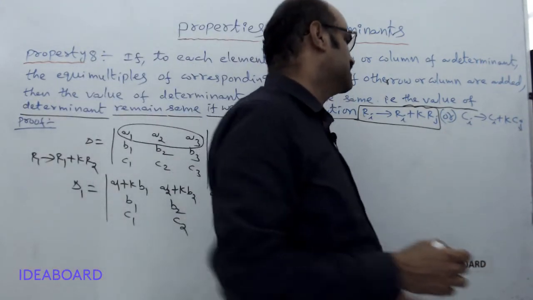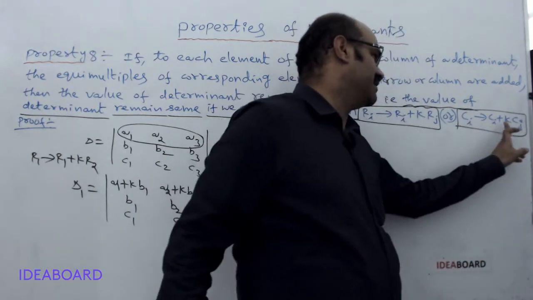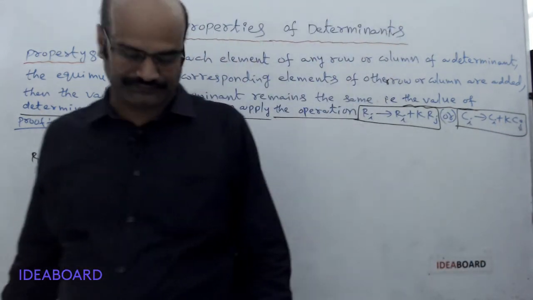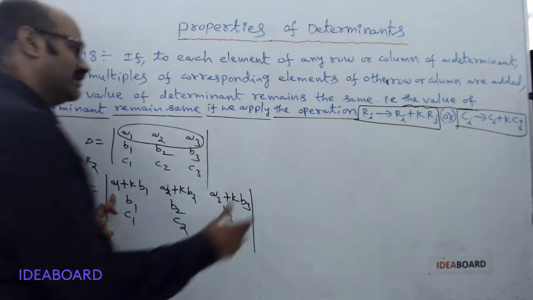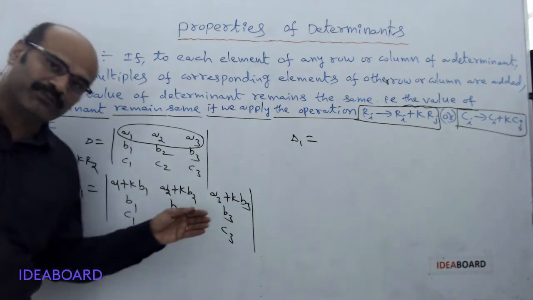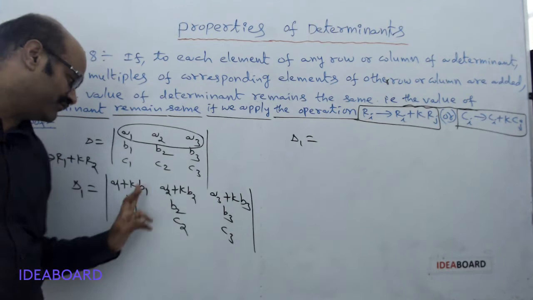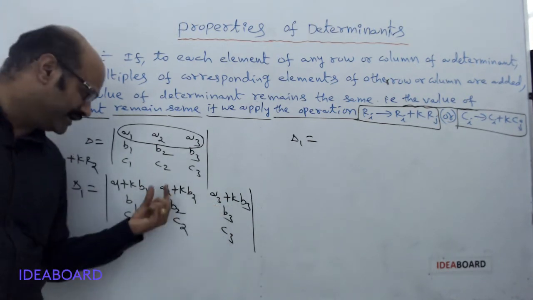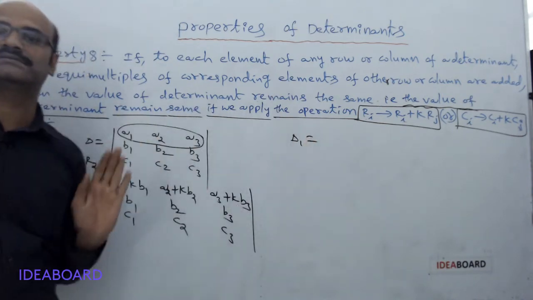Similarly for column, Ci implies Ci plus K into Cj. Here take delta 1. We know that just now we have proved it: if each and every element of any row is the sum of two elements, that determinant can be expressed as the sum of two determinants.